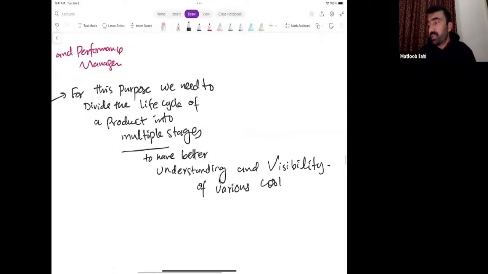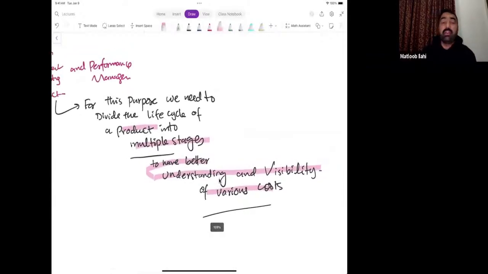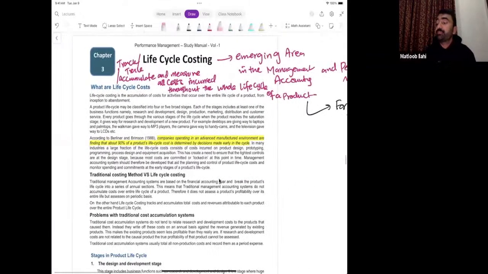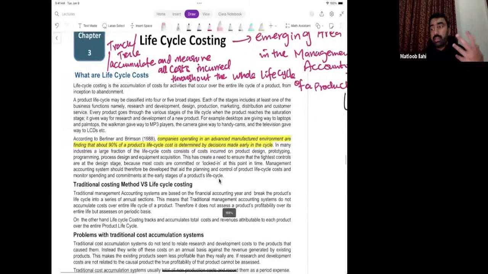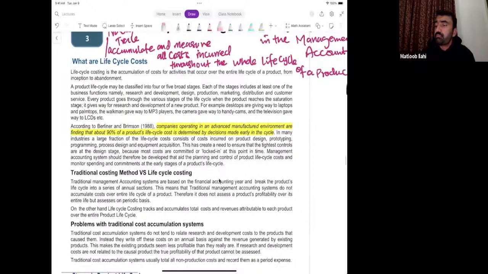This is a very beautiful statement. So why we need to divide into different stages of the life cycle? To have the better understanding and visibility of the cost. Okay, so I hope you have understood what life cycle costing is about.